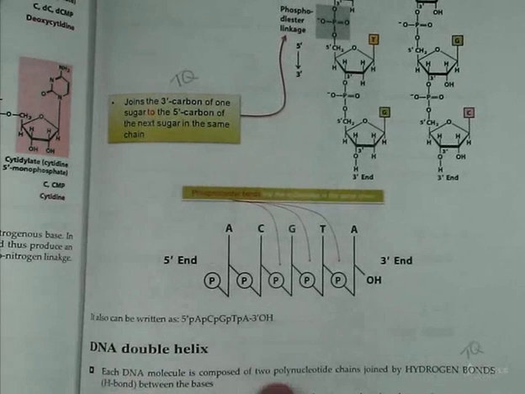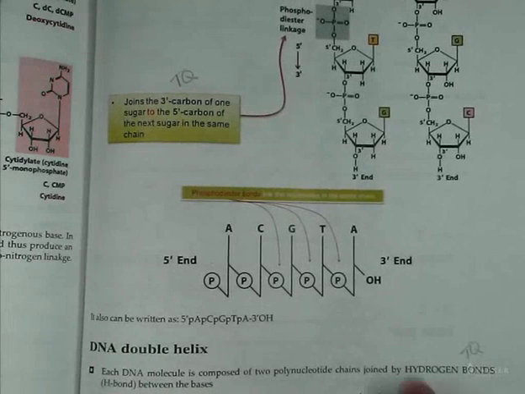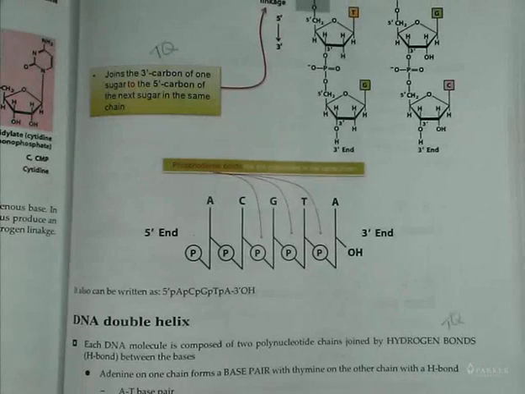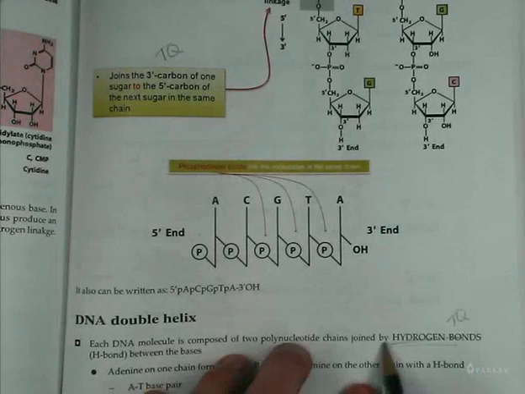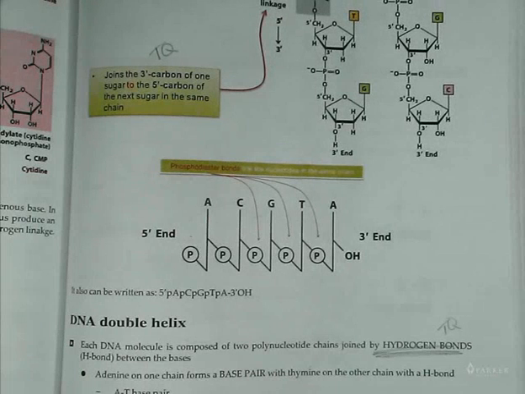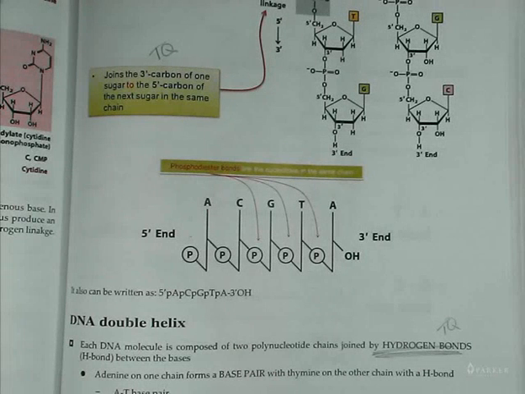Sorry. So each DNA molecule is 2 chains, and the chains are joined by hydrogen bonds. Hydrogen bonds, that's a test question. We need to make sure that we get that straight: the phosphodiester linkages, phosphodiester bonds, join the different nucleotides in one chain, whereas hydrogen bonds combine 2 chains together.